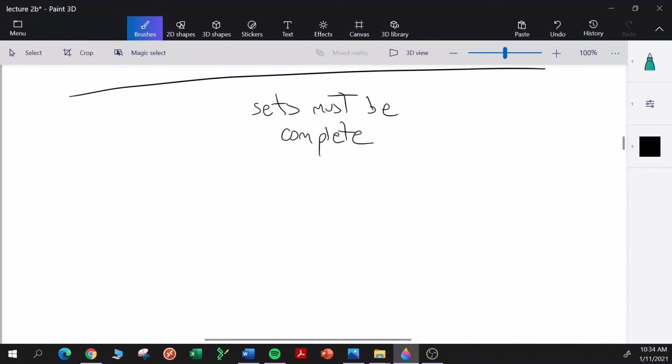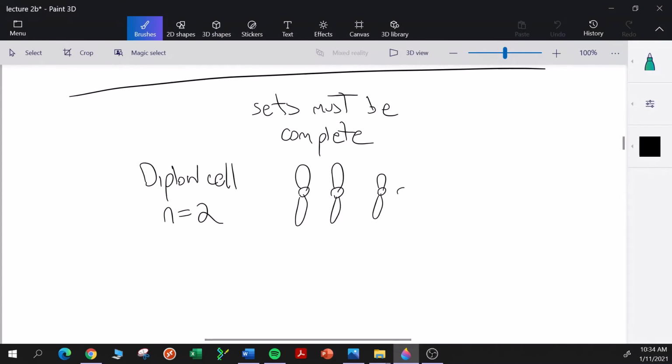So let's take a hypothetical diploid cell, n equals 2. As we saw in the last video, that means there will be 4 chromosomes. It's diploid, so it's going to be 2 pairs of homologous chromosomes. Let's name these chromosomes.